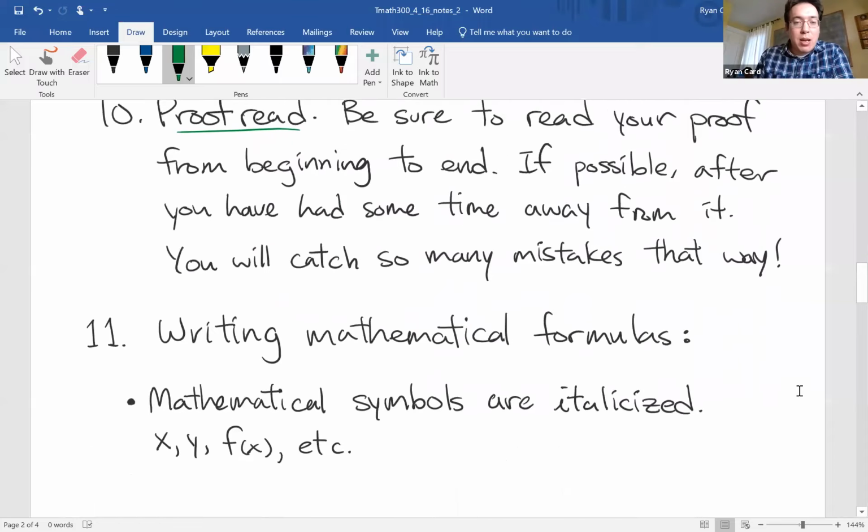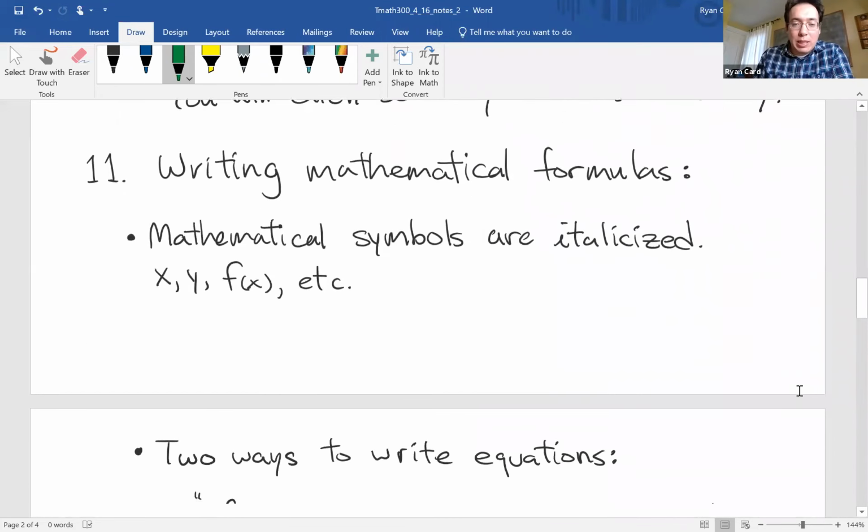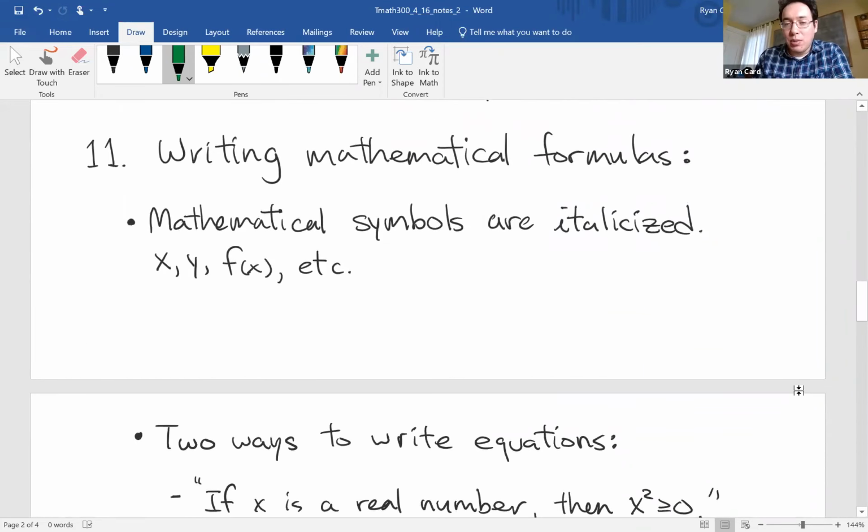Okay. So one more nitpicky detail about what to do when you're writing, or I should say really typing, mathematical formulas. One thing that you might have known, but maybe you haven't realized: when you do mathematical symbols, like maybe X and Y for variables, or F for the name of a function, all of those are italicized.